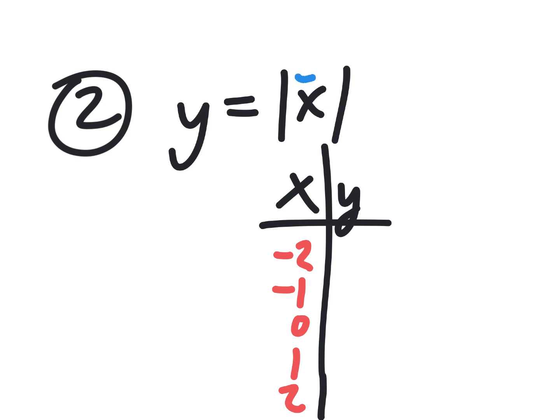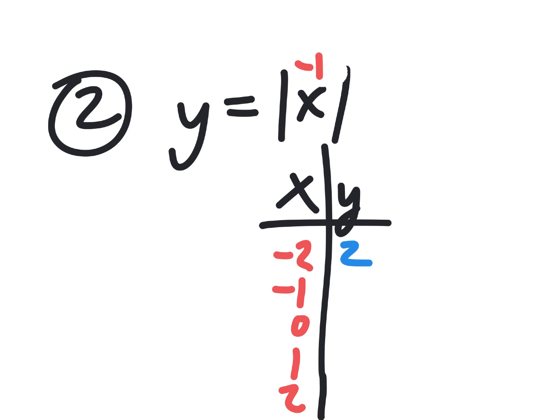Now let's drop in a -2 right here. Do you guys know that the absolute value of that is +2? So a -2 gives you +2. Gianna, can you tell me what to do with the -1? And then its absolute value of that, which is?